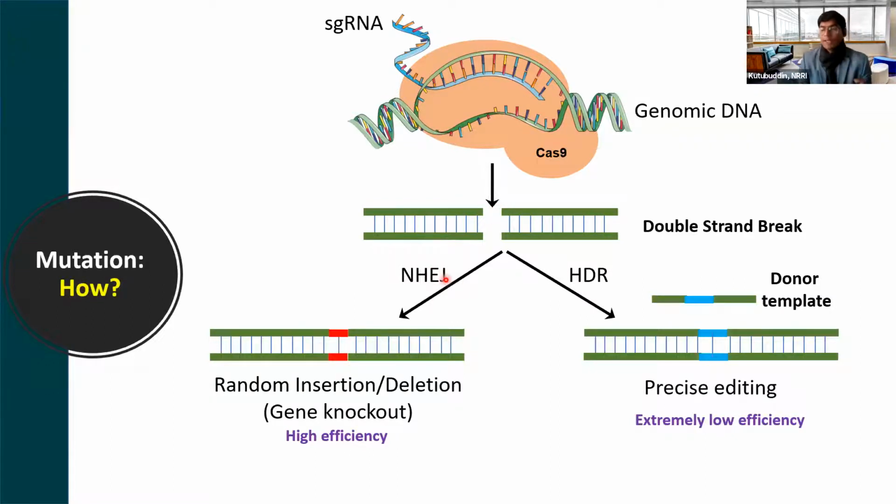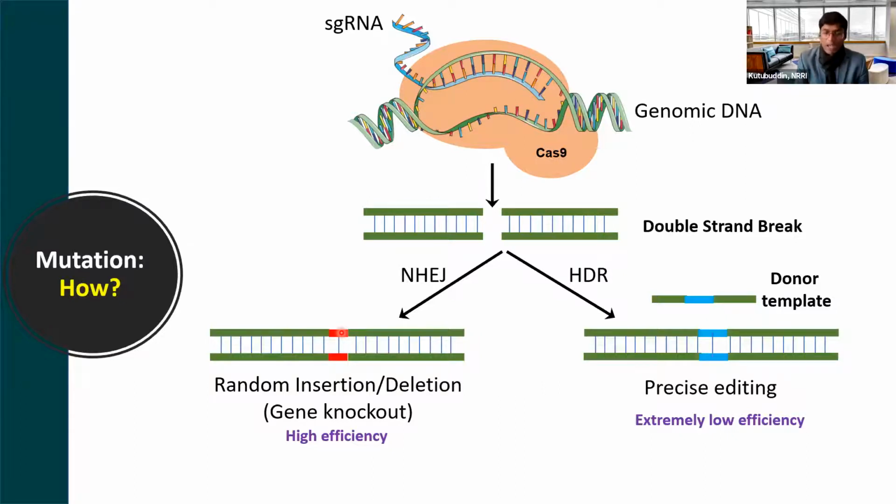Now, this NHEJ is also error-prone. It can introduce errors in the genome. Inadvertently, it can introduce some new nucleotides or new bases at the junction, or can also delete some nucleotides from the junction. So this is shown here as a random insertion or deletion during the religation procedure or during the repair.